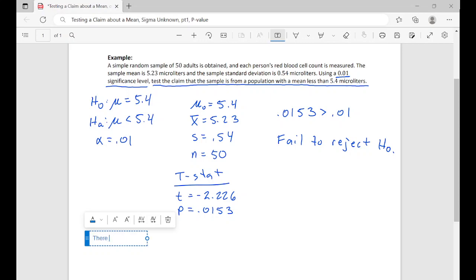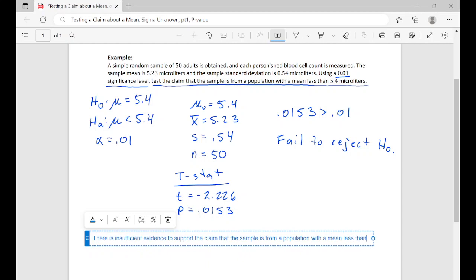So we can say that there is insufficient evidence to support the claim that the sample is from a population with a mean less than 5.4 microliters. The claim is stating that the sample is from a population with a mean less than 5.4, but since we can't reject the null, we don't have enough evidence to support that claim for this question.